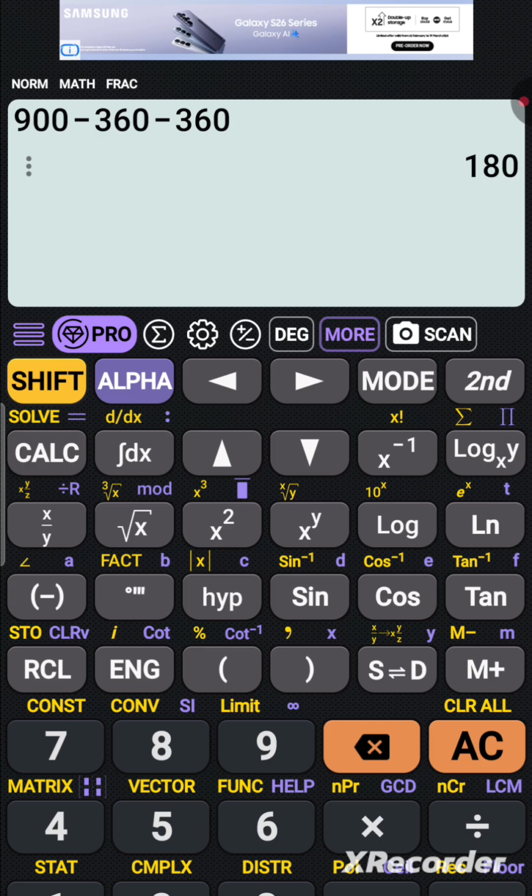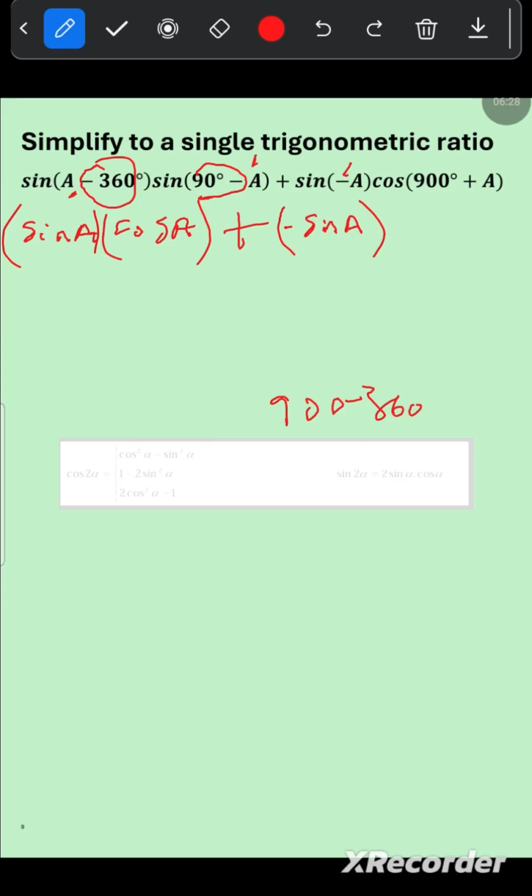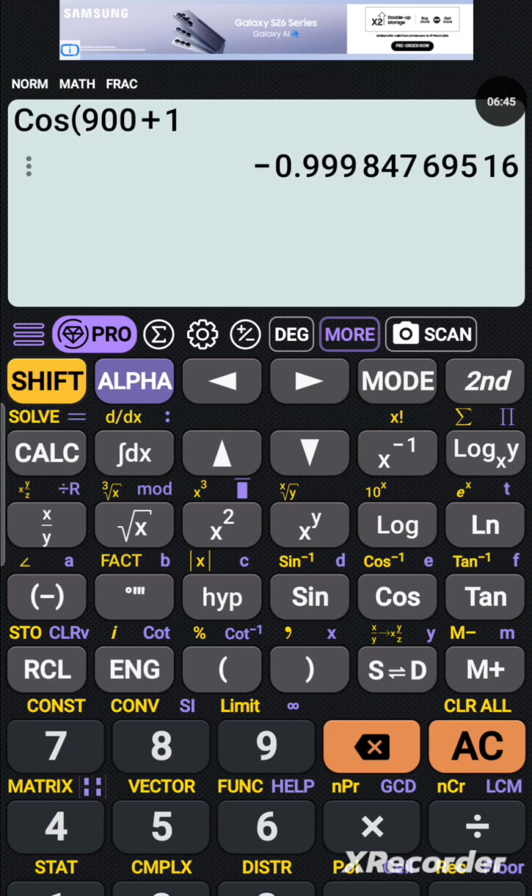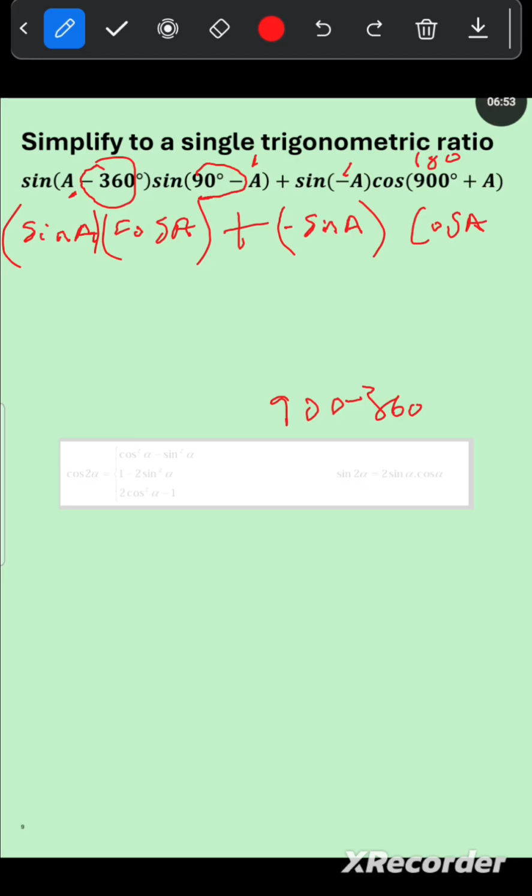So the 900 will be replaced by 180 now. So I drop it. This becomes cos A. Now determine whether the sign is positive or negative. So I replace with 1 degree, I get a negative answer. This means that the cos is actually negative.